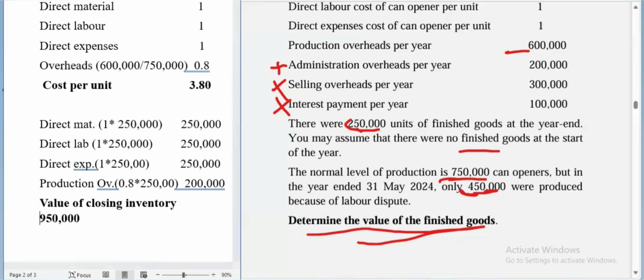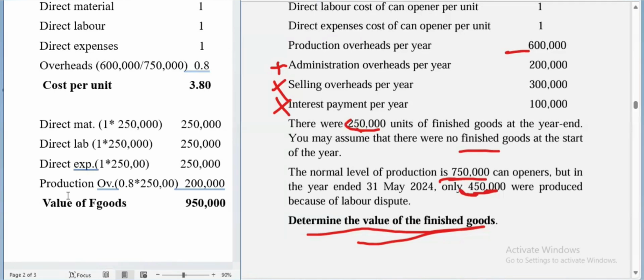So don't forget that that's the value of our closing inventory. Now, we said we can also do this. Let me just make it value of F goods, meaning value of finished goods.